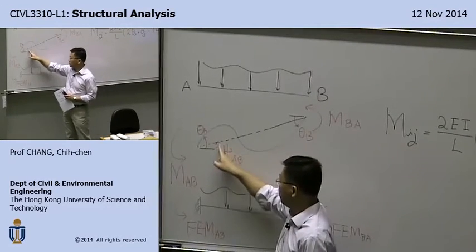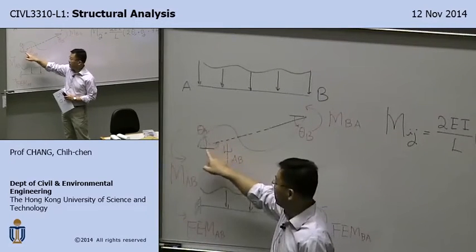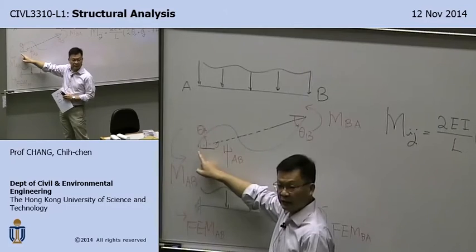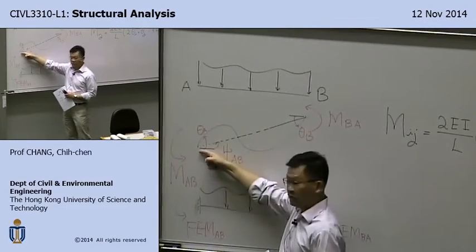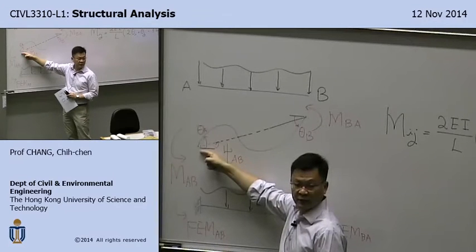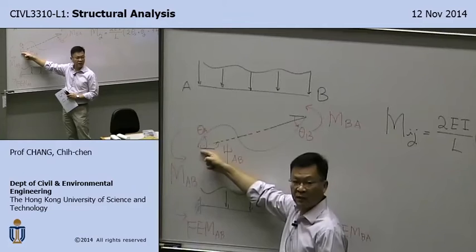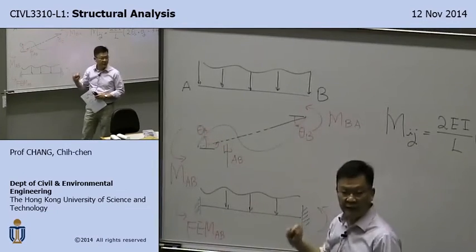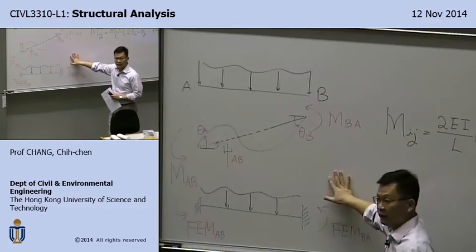That's called rigid body rotation angle. And there are two end angles, theta A and theta B, also defined with respect to the original orientations of the elements. And all of these are defined as positive if they are counterclockwise.